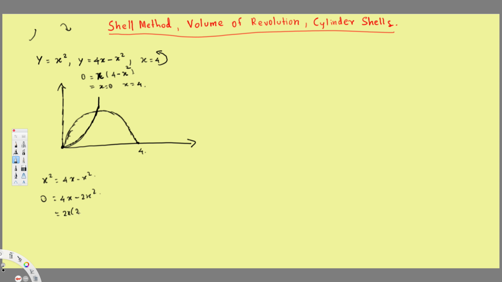So 2x times 2 minus x, so x is equal to 0. We get 2 points, 0 and x is equal to 2. So this one is crossing at 2 right here.